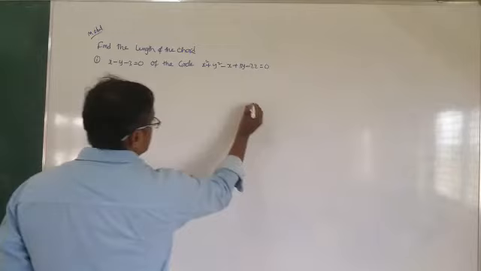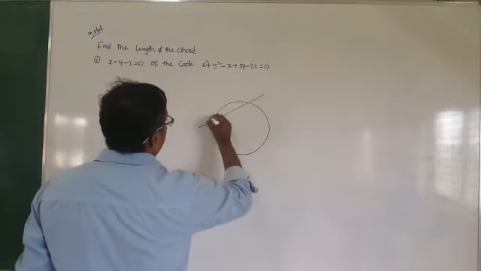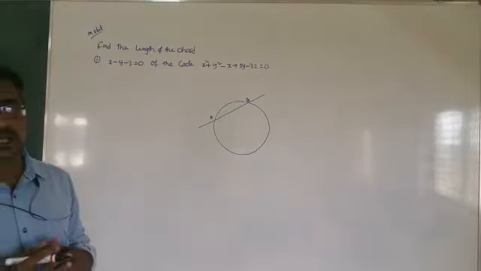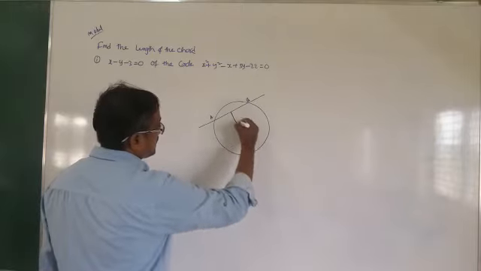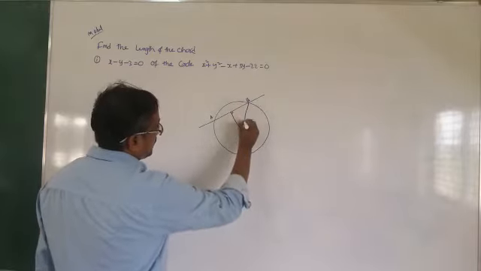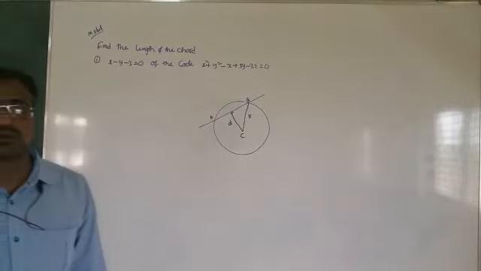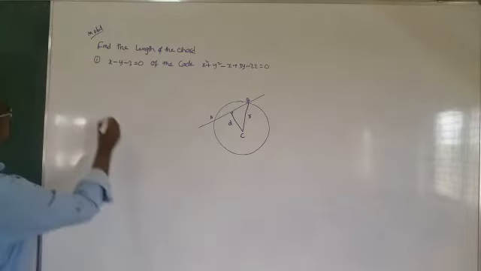So here it is a circle and the line makes a chord of length AB. You have to find that length. For that you need to find the distance from center to the line and radius of the circle. So that you can use the formula 2 root r square minus d square.